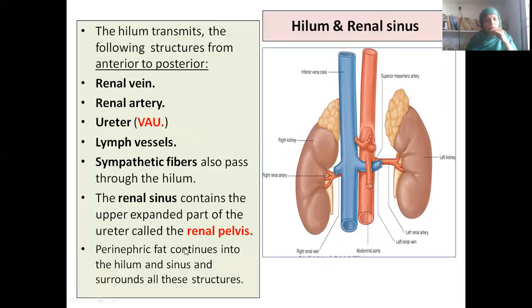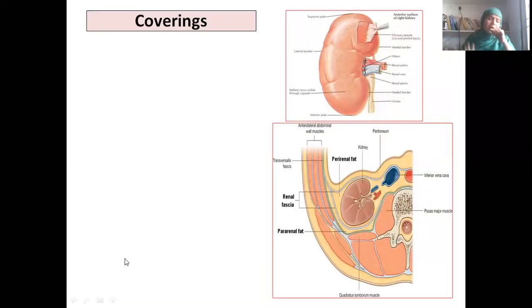Now you see here, in this picture, though it is not shown around the kidney, a lot of fat will be there, which is the perinephric fat, and it continues in the hilum and surrounds all the structures. Now see, the coverings of the kidney are very, very important.